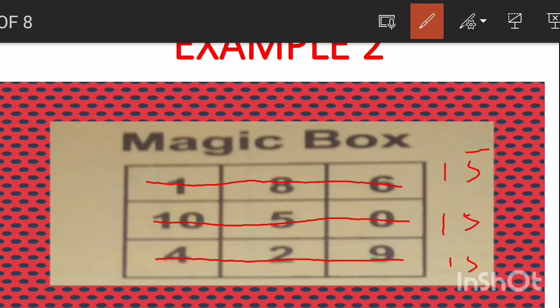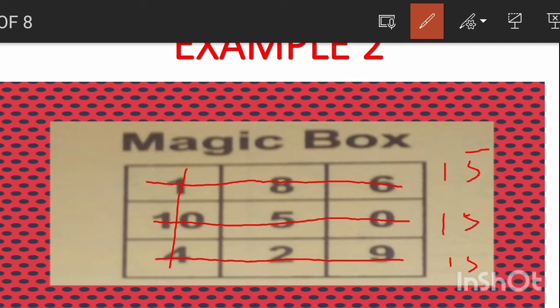And in this box, we are told that the row is equal to the column. So in that case, if a row is 15, that means the column would also be 15. Let's look at column 1.